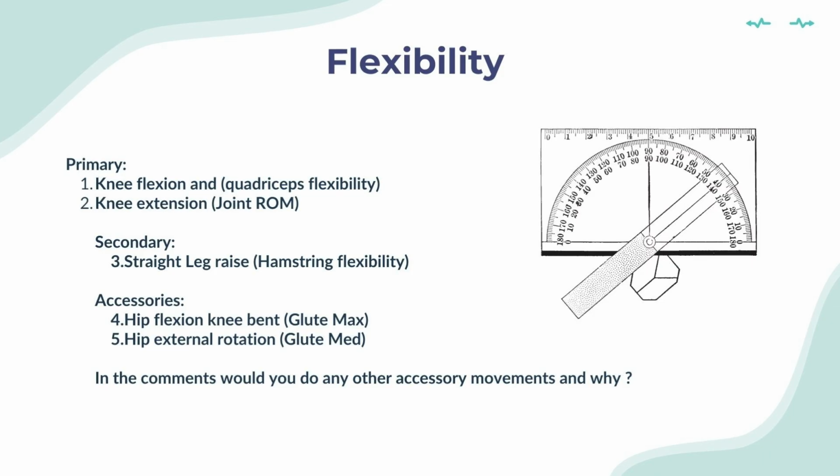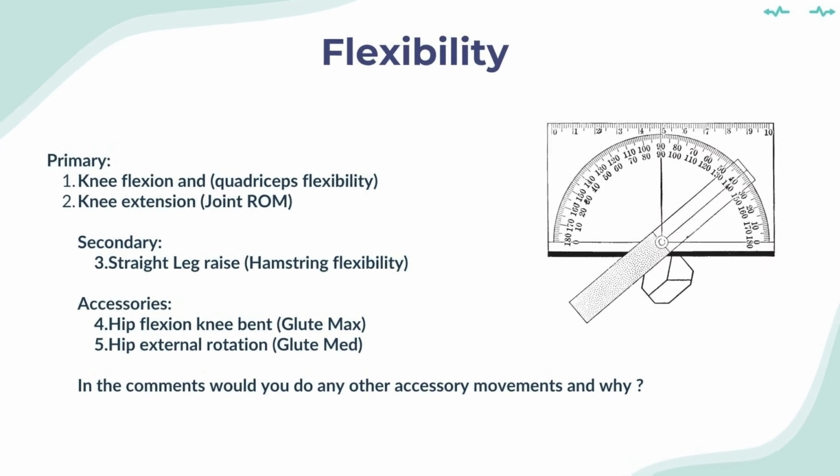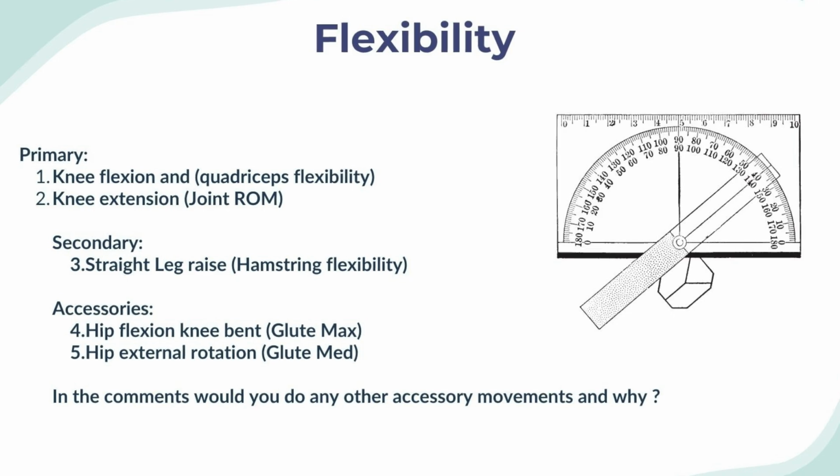And then moving on to our accessories, doing something like a hip flexion with knee bend to assess your glute flexibility. And in that movement, you are also bending the knee almost to a hyperflexed position. So that test would also be adequate to see range of motion and improvement of range of motion.